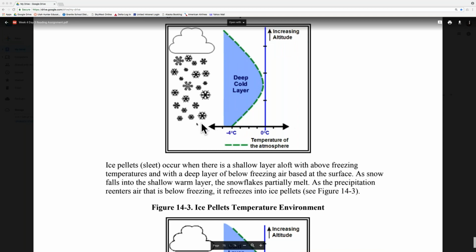So ice pellets or sleet is where it's warm where the cloud is, but colder near the ground. So as the snow falls into the shallow warm layer, the snowflakes partially melt. As the precipitation re-enters air that is below freezing, it refreezes into ice pellets.